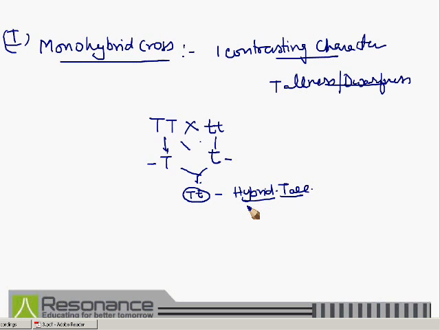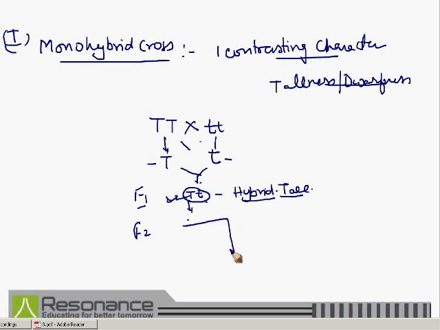Now let us go back to the basics: why is it tall? Because of this allele capital T. Whenever this capital T is present, the plant is bound to be tall, because this is a dominant gene. This is the F1 generation. Now Mendel cross-pollinated the same flowers to obtain the F2 generation.